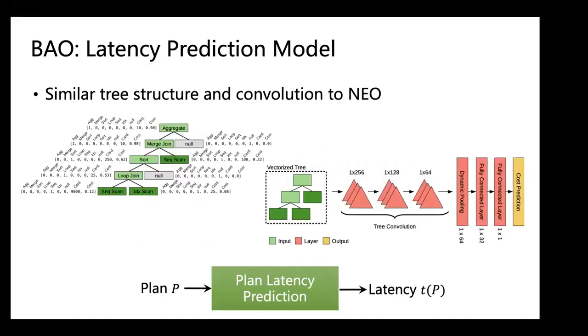The latency prediction model also uses a similar tree structure and convolution operations to Neo. It is also an inductive bias of what we know for the tree structure of queries. It can identify the difference of using different join orders, different scan and join methods, and learn the filtering weights automatically.